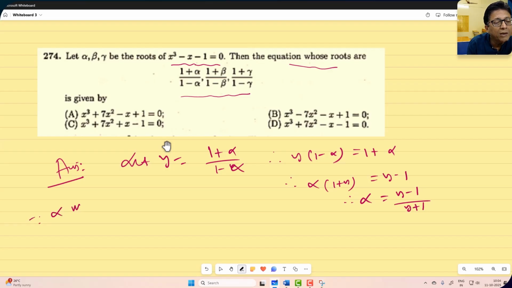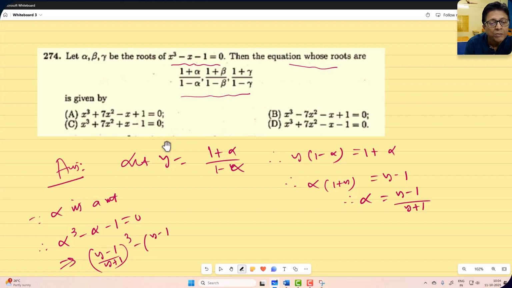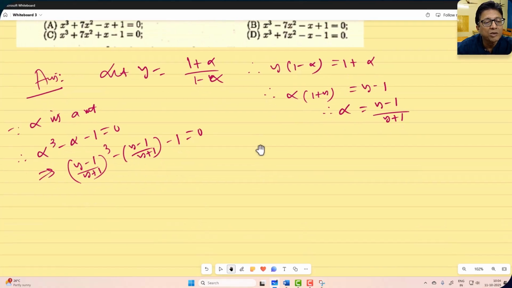Since alpha is a root, therefore alpha cube minus 1 equals 0, put it there and simplify. ((y minus 1) by (y plus 1)) cube, (y minus 1) by (y plus 1), minus 1 equal to 0.